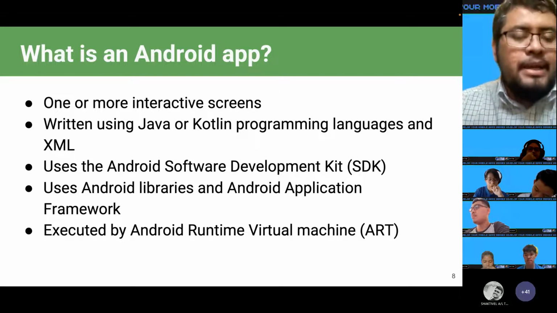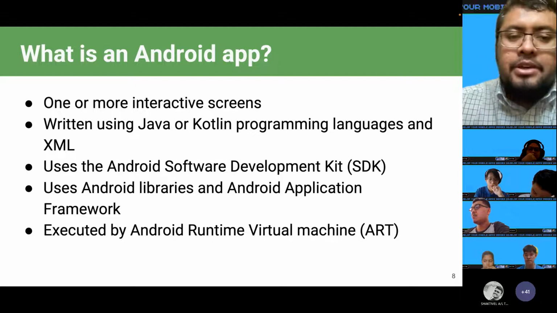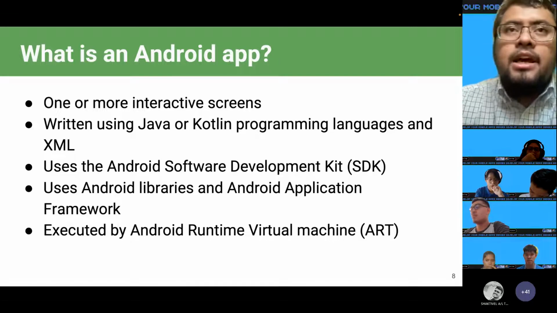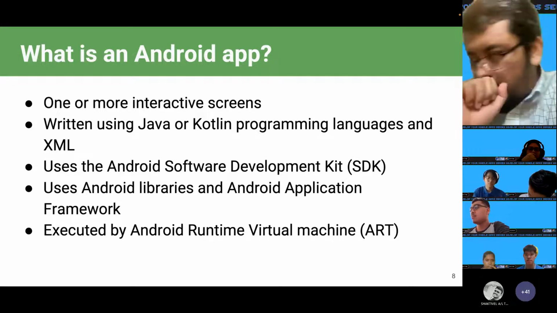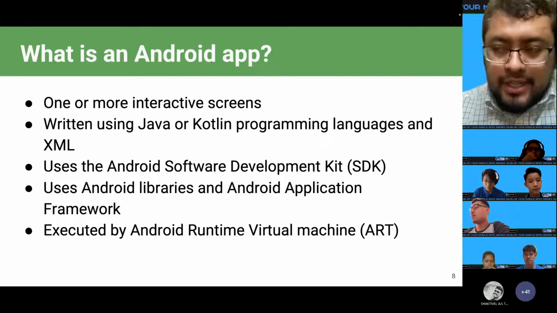So to develop an Android app, you have two programming languages of choice. You can use either Java or Kotlin. Officially, Google has recommended Kotlin since 2018.